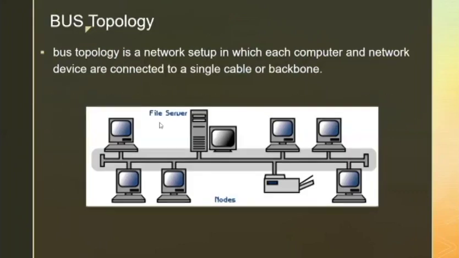So we are moving to the bus topology. Actually, this bus topology is like a bus. You can see this diagram, you can see this picture. In this setup, every computer, this one, this one, the server computer, and here also the printer, are connected to the main wire.